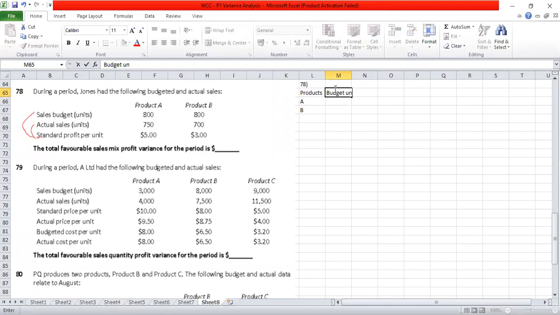Budget units are mentioned as for A it is 800, B also 800.